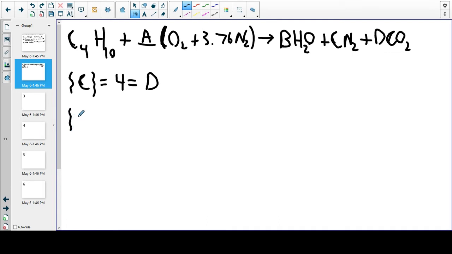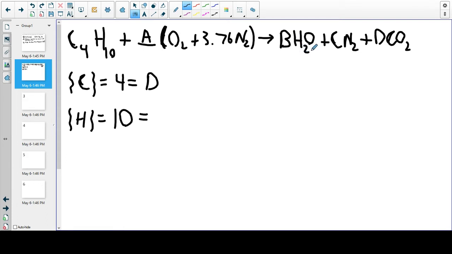And then on the next one, do the H's. And we have 10 H's here, no H's in the air, which means this side has 10 H's. And that means we have to have it equal to the other side. And now, as you can see here, there are no H's in nitrogen, no H's in CO2, but there are H's here. There are exactly 2 of them.